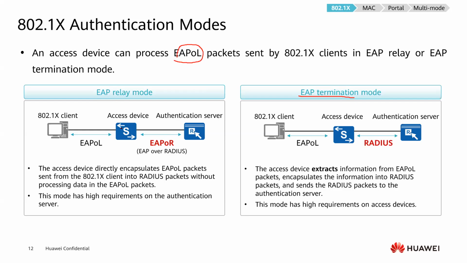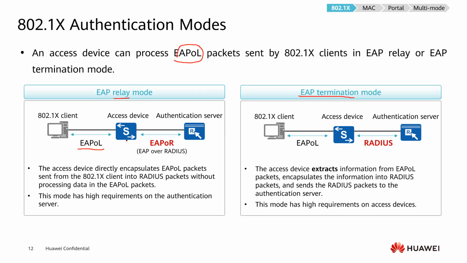Relay means the access device acts as a relay device. It does not process the EAP over LAN packet anymore. It does not check the information contained in the packet.